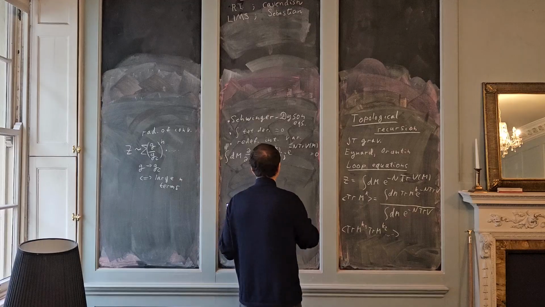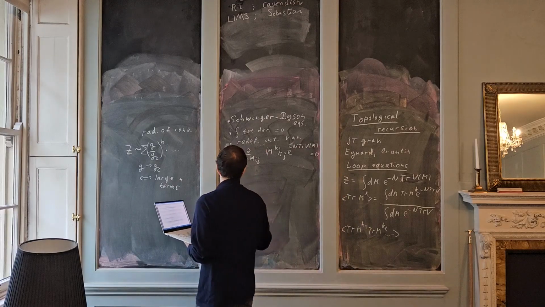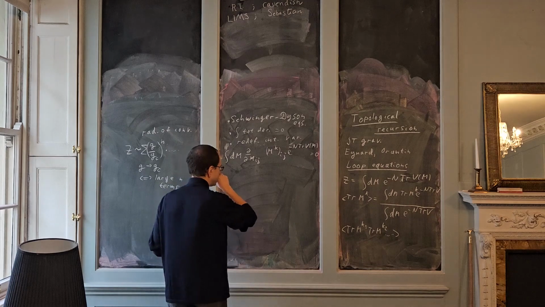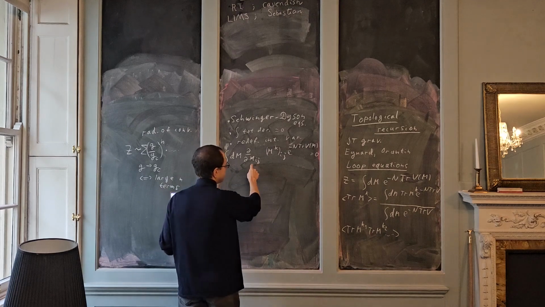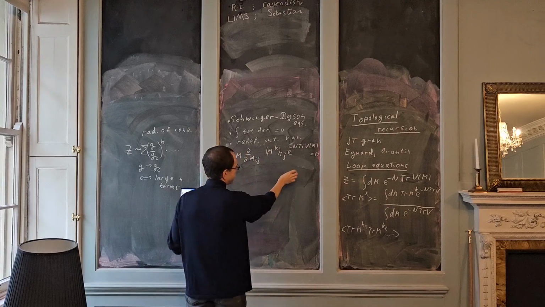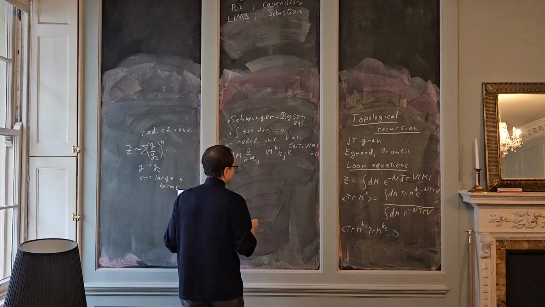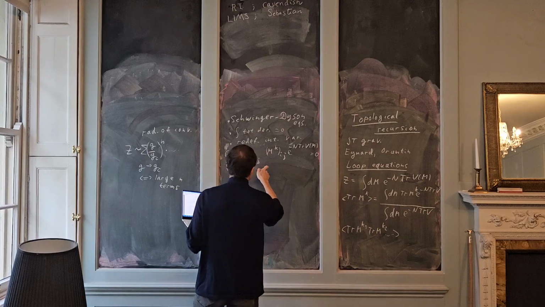So let's see how this gives some relations between these kinds of correlators. That's quite easy to see. One just has to understand what this object is. When we differentiate this product, we can differentiate either the first term or the second one.